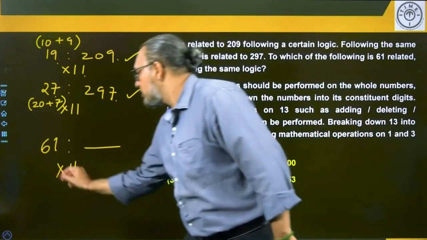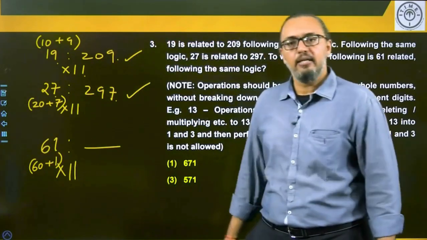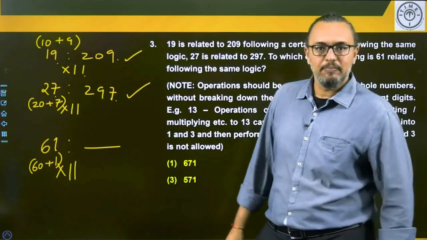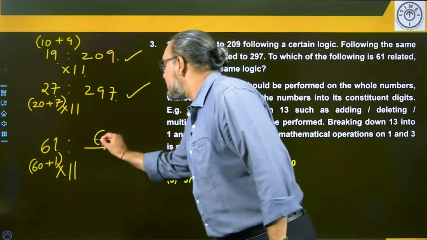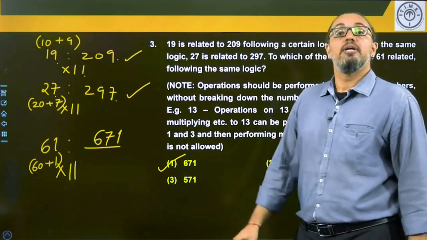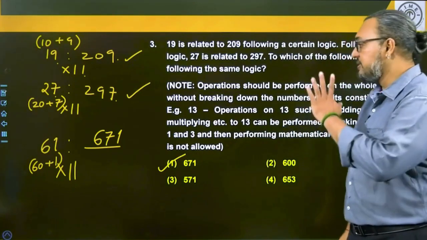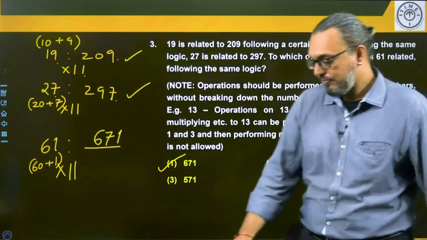So, we have 61 into 11. So, you take this 60 plus 1. Correct? So, 60 into 11 is 660 and 1 into 11 is 11. 660 plus 11 is 671 and that is there in the first option, and that is how you get your answer. Yes? Right.